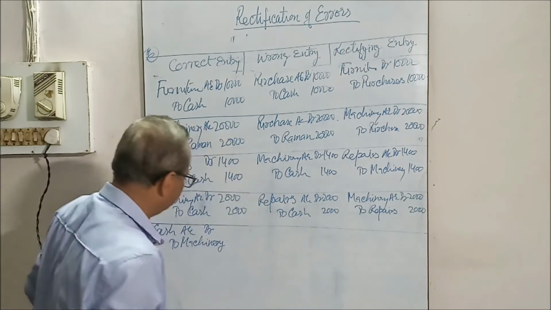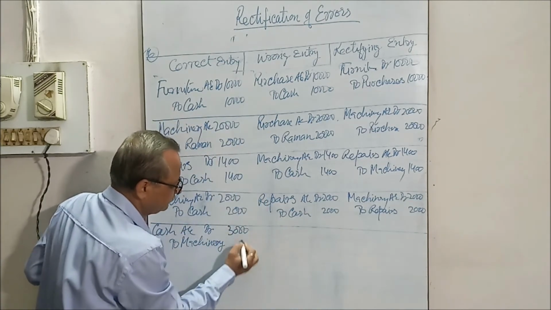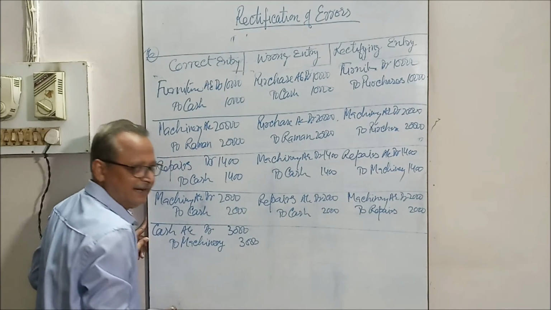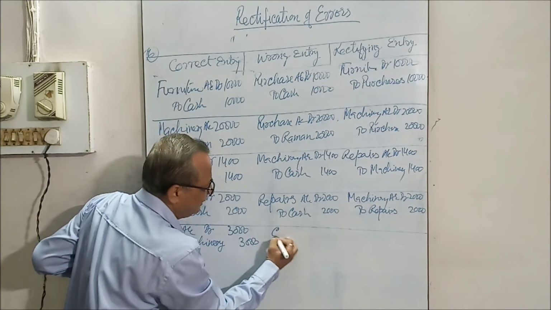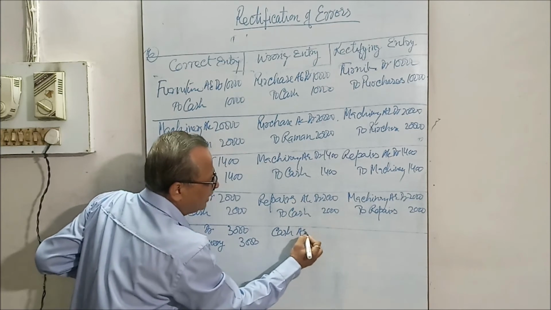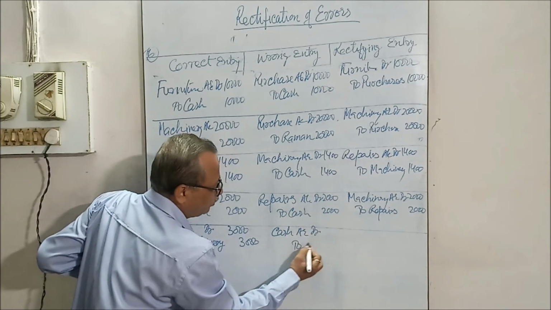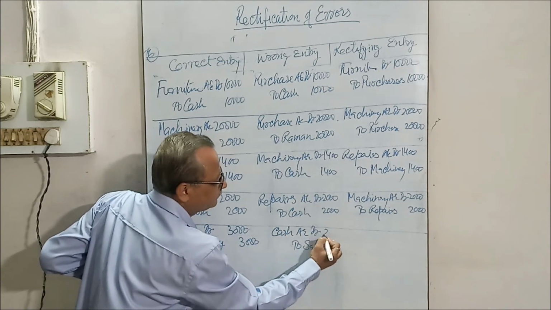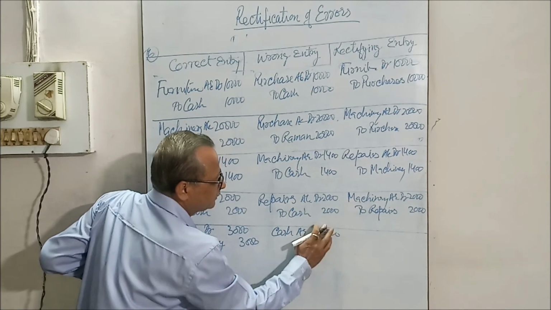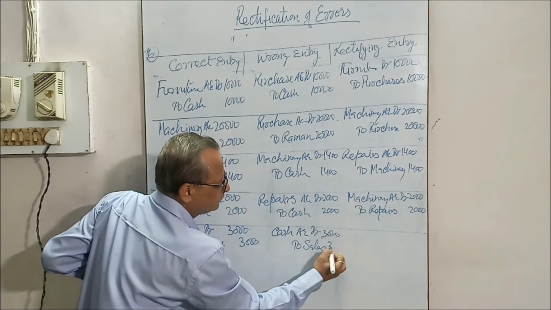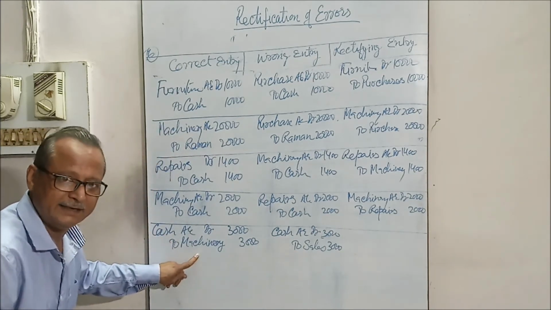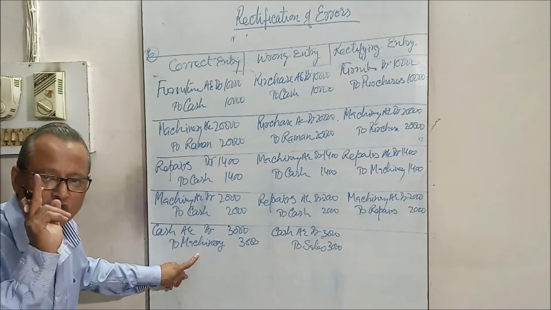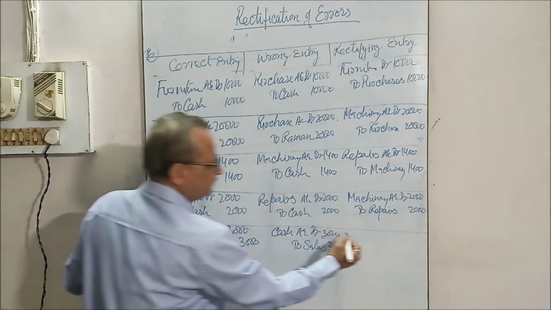It is not an ordinary sale, but was entered in the books as an ordinary sale: cash account debit to sales account 3000. Now to correct it, credit the machinery and debit the sales.